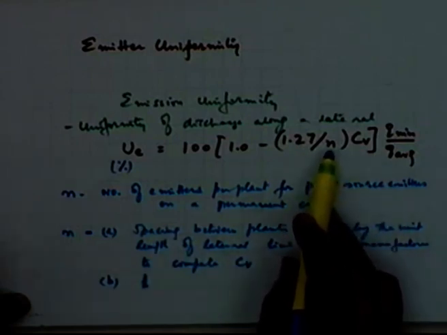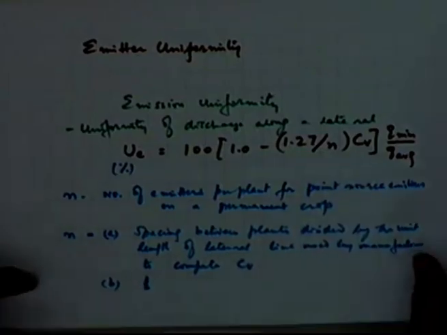That will decide what is the N value. The CV is available for various types of emitters which have been manufactured by the various manufacturers.